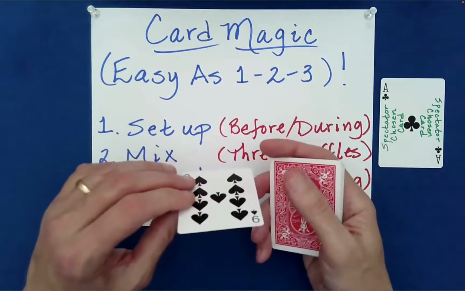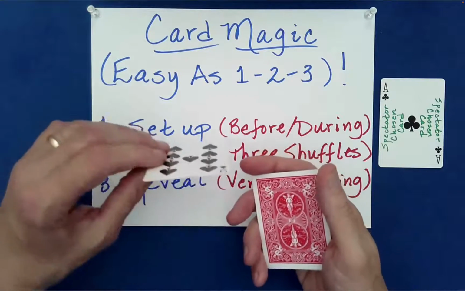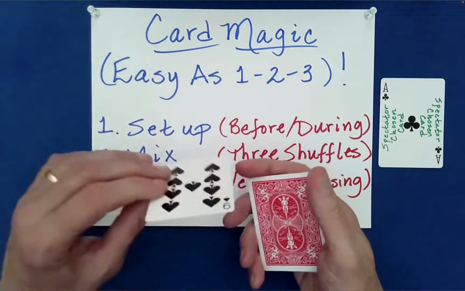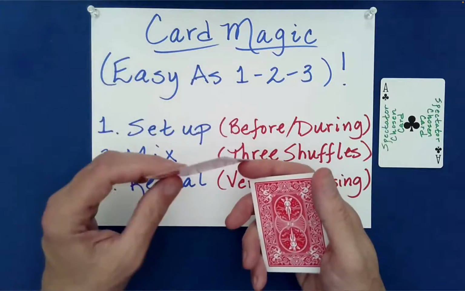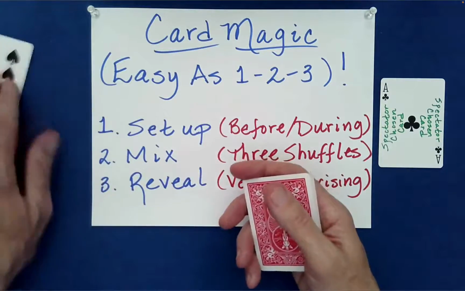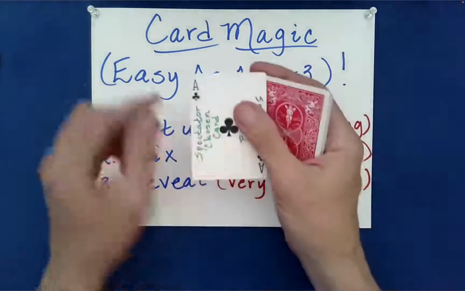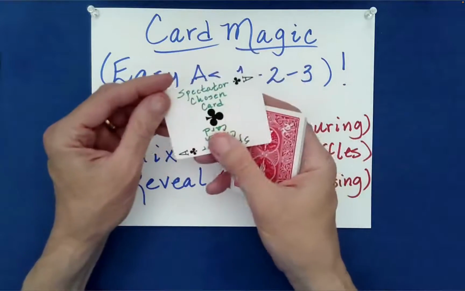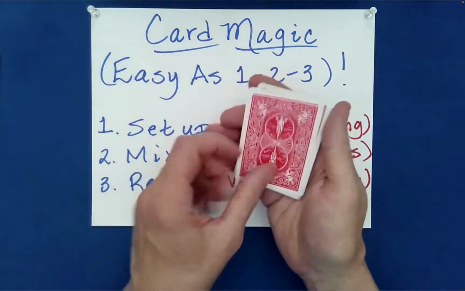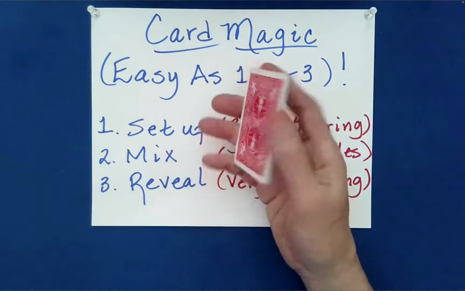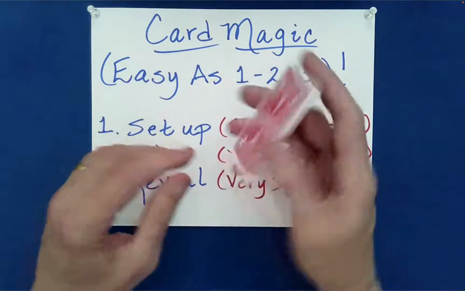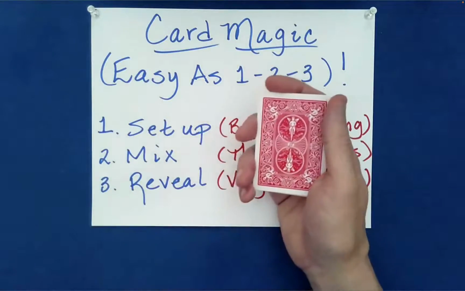This really will not work well unless I have a live spectator over there to see it and I don't see it. So for the presentation, I'm just going to replace it with the Ace of Clubs, on which I've written spectator's card. Just to summarize, we have a bottom glimpse card, and the top card is the card they're remembering.